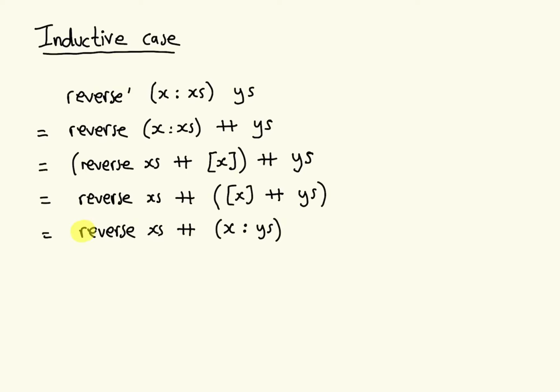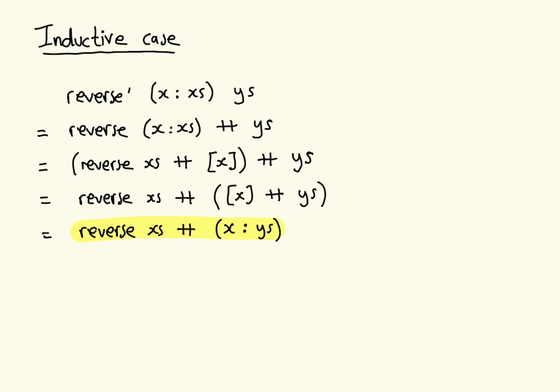So now I can look at this expression and think, well, what can I actually do? And I can't apply the definition of reverse at this point because I don't know anything about the list. It's just reversing an arbitrary list x's. And I can't do anything with the plus plus either because I don't know whether I've got a non-empty list or an empty list as the first argument. So I seem to be a bit stuck.